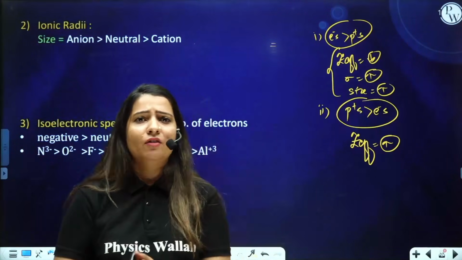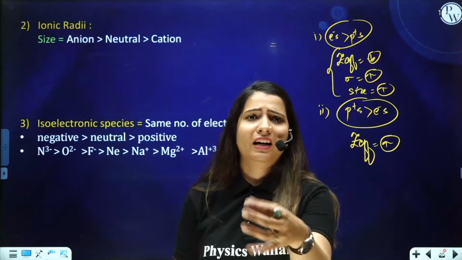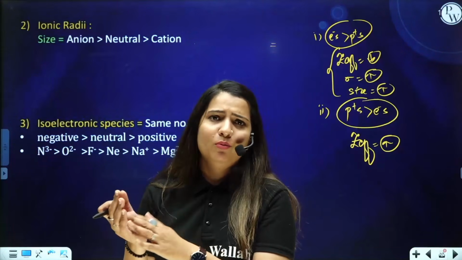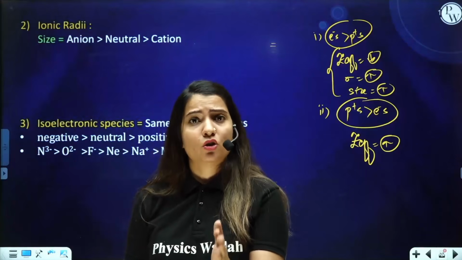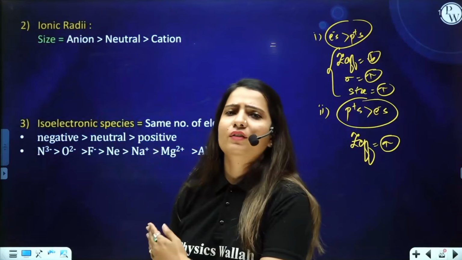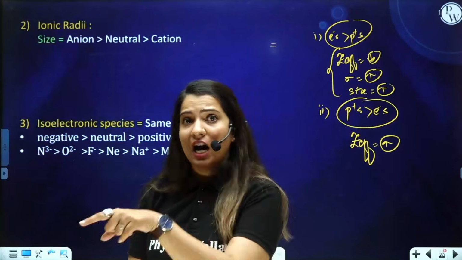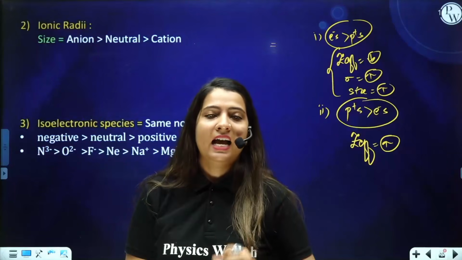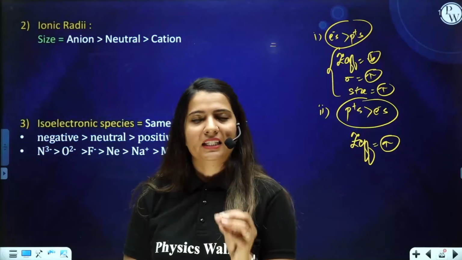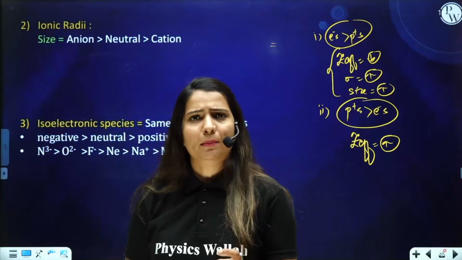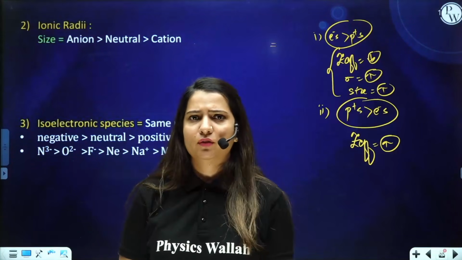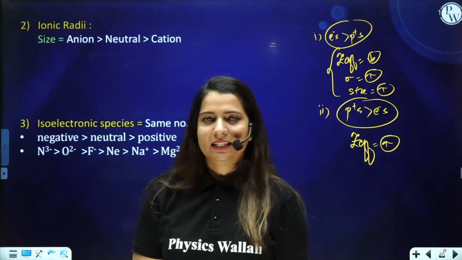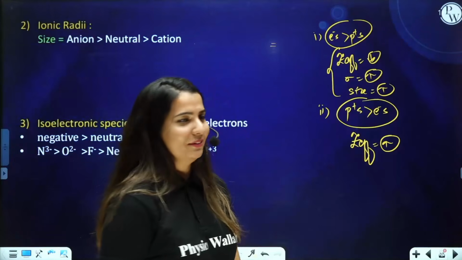Z is the actual charge it should get if I remove all the electrons in between. Sigma is the contribution of the electrons present in between that are not allowing the outermost electron to get the proper charge of the nucleus. You know all these things very nicely.